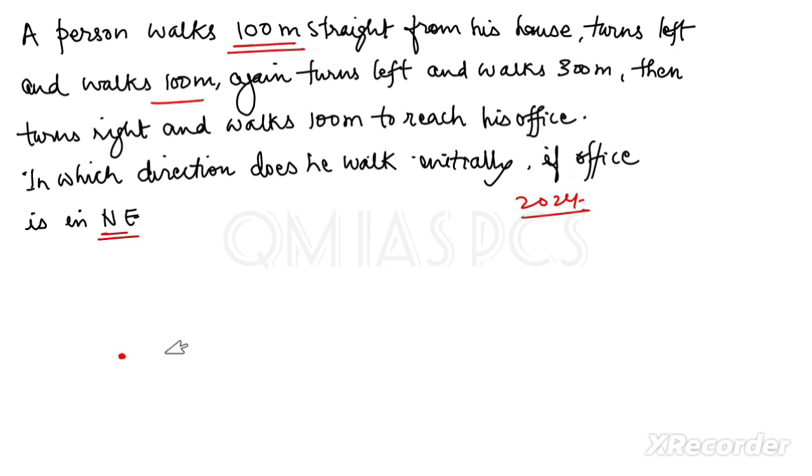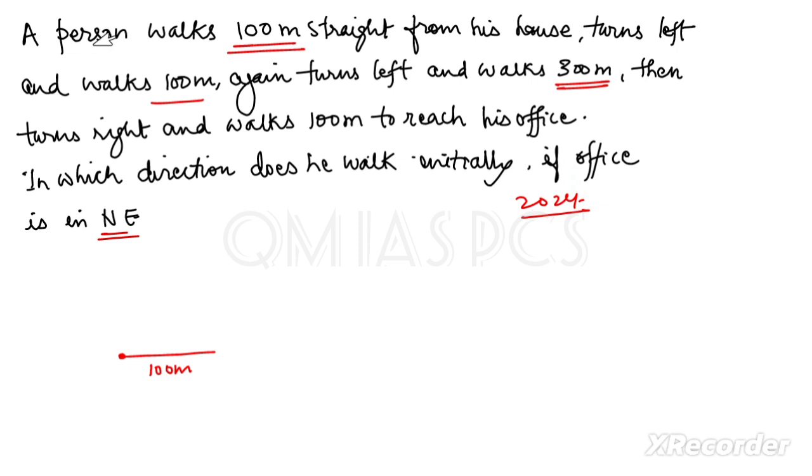He is moving in a 100-meter straight line. And regarding lengths, if you represent 100 meters with this much length, you have to represent 300 meters with triple the length. Then it will be easier for you to calculate anything.